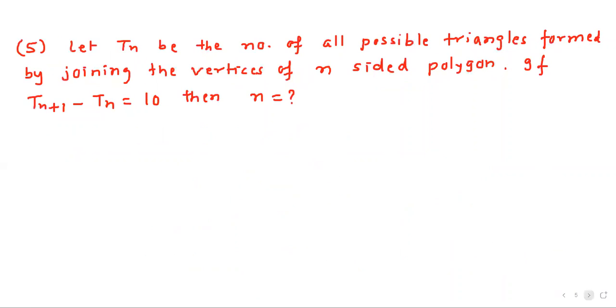So let's consider next question. Let Tn be the number of all possible triangles formed by joining the vertices of n-sided polygon. If T(n plus 1) minus Tn equal to 10, then what is n?